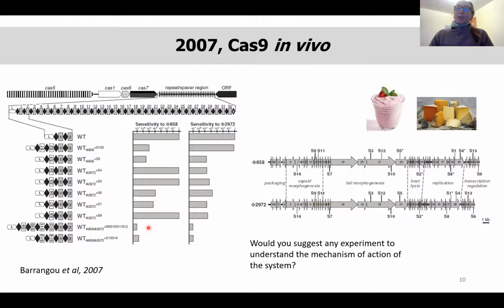Would you suggest any experiments to understand the action of the system? The question is for those who are biochemists. What would you try? What would you do to understand which components of this system are important?